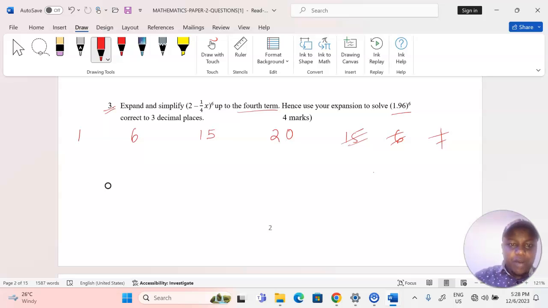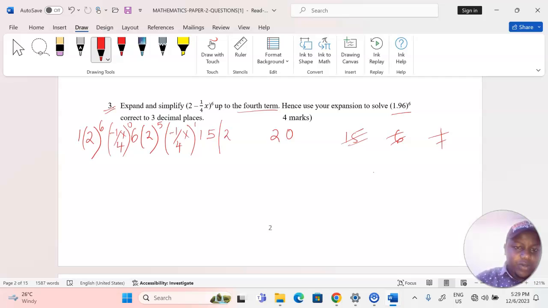So in the first case, we begin by raising 2 to power 6 and negative a quarter x to power 0. Then from there, the powers of 2 will start decreasing and the powers of negative a quarter x will start increasing. Therefore, in the next term 2 takes power 5 and negative a quarter x takes power 1.